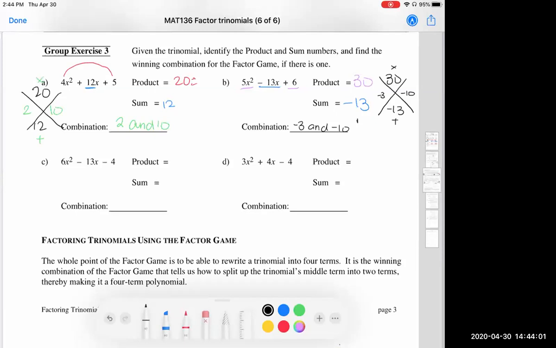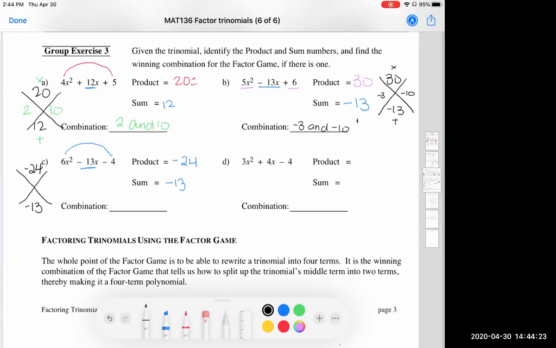Let's take a look at 6. 6 times negative 4, I get negative 24, and my sum is negative 13. So what numbers can I multiply to get negative 24 and add to give me negative 13? All right, so 3 and 8?